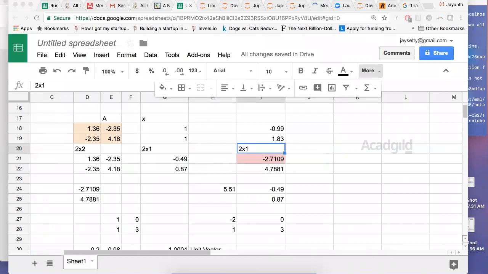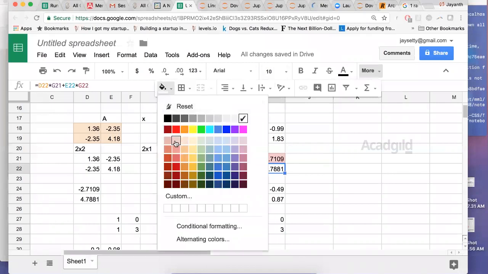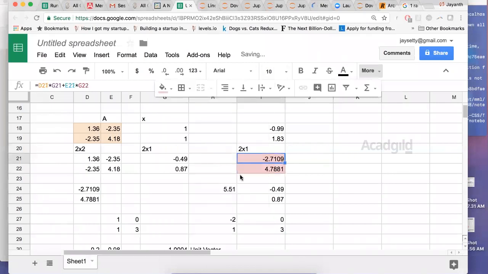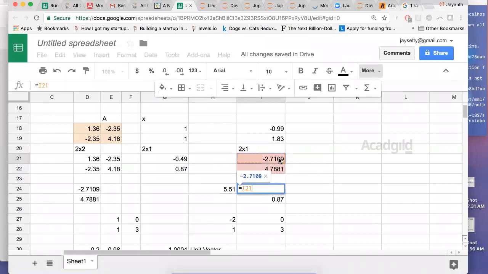Okay. Now to divide these two, in matrix division, if I have to divide something by 5.51 or something, I just have to divide each element by 5.51. So how do I do that? I'm just going to divide this by 5.51 and I'm going to take this element divided by 5.51.